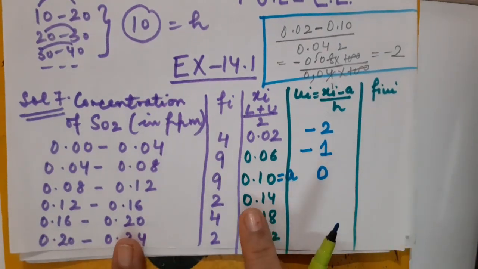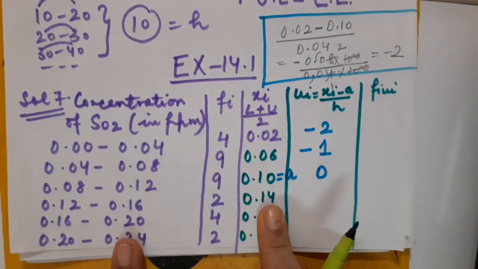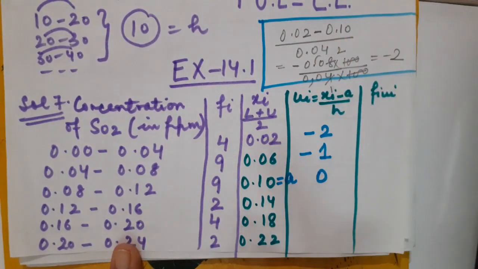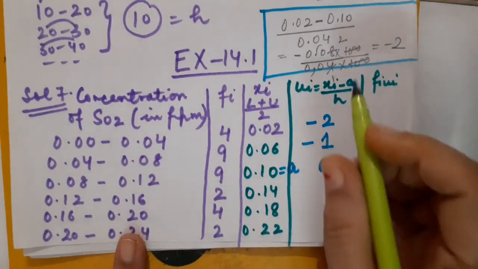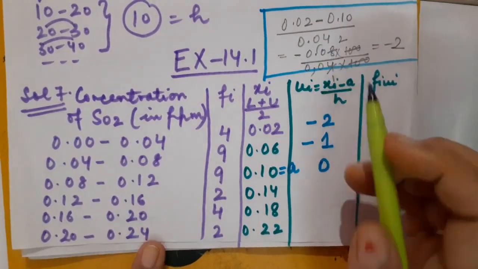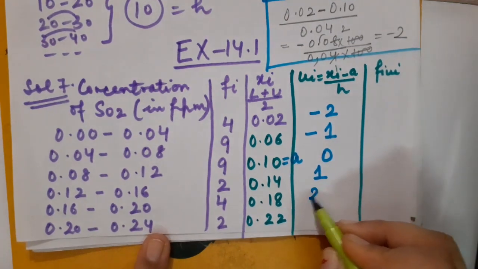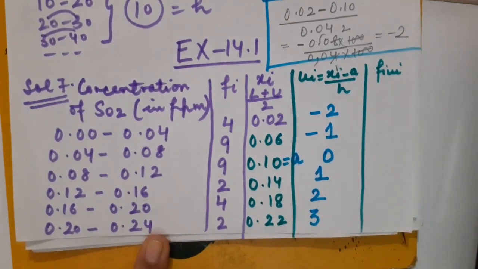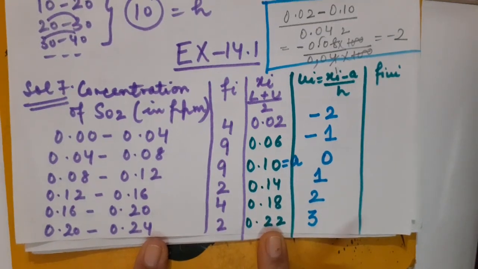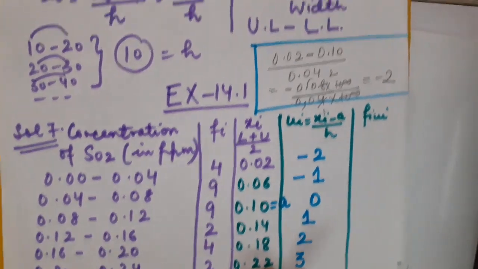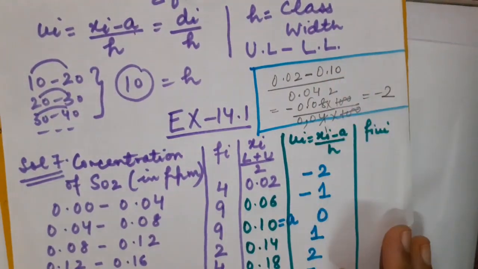Correct? Now 0.14 minus 0.10, what will you be getting? 0.04 only, with a positive sign, and it will be divided by 0.04, so you have got 1. In the same manner, the next two terms you will be getting 2 as well as 3. Let us check the last part. 0.22 minus 0.10.